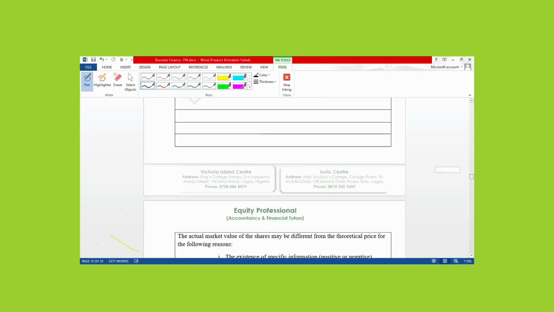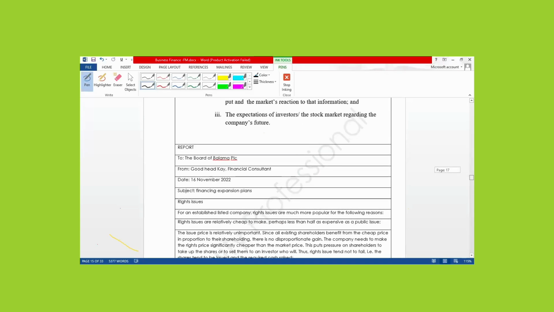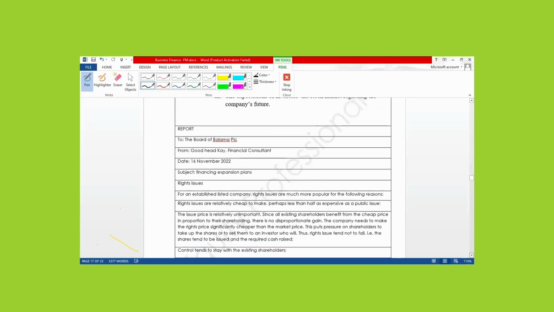Let's look at the reports. Look at the reports. To the board of Balama, from financial consultants, the date, your subject, financing expansion plans. Rights issue.